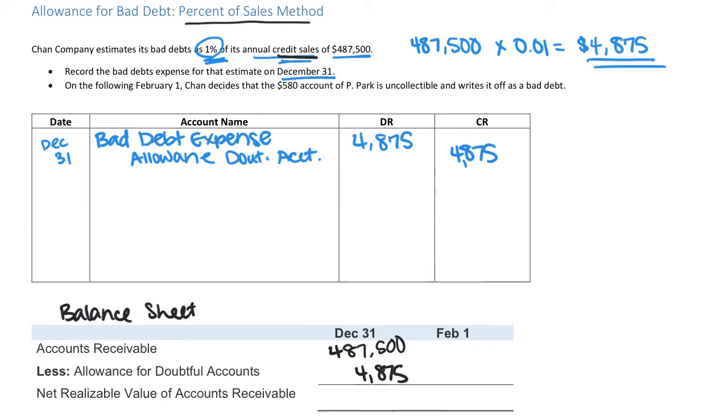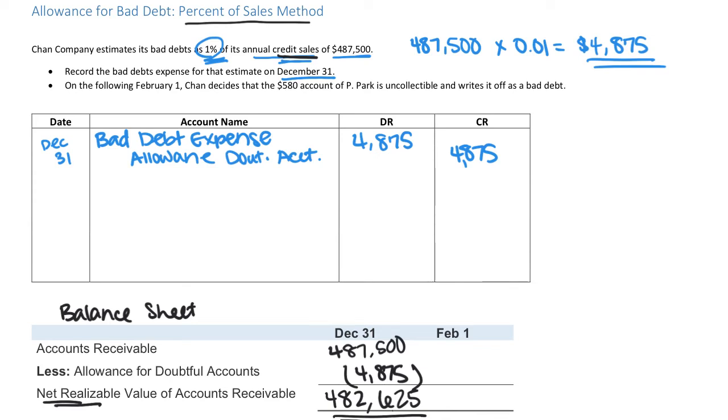And so when they ask about a net realizable value or our net accounts receivable, it just means that we took out this allowance for an amount of customers that will never pay us back. So if you calculate the overall balance here, it would be $482,625. This is the amount that we think we'll most likely actually receive from those sales.